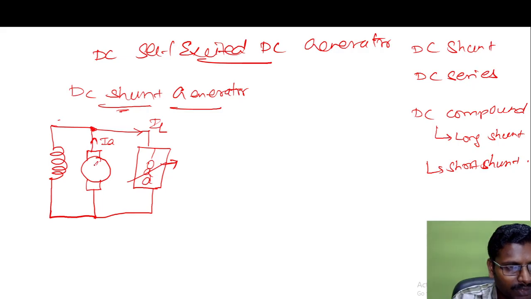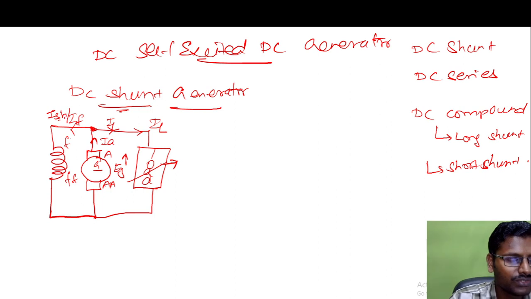This is the armature, armature conductors, this EG, the arrow mark indicates the voltage direction, and this is the field winding polarity, field winding terminals F. The current flowing here will be IF, and the current flowing here will be IL. IF or ISH is the shunt field current, right? Okay, right.